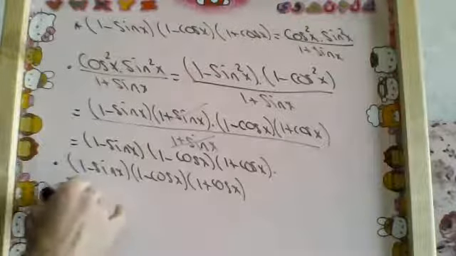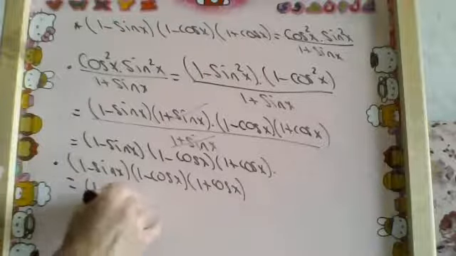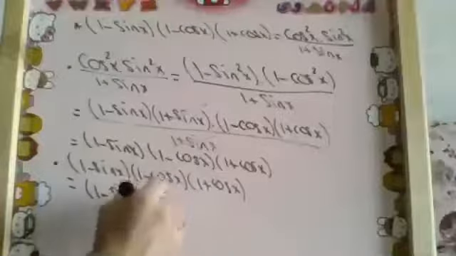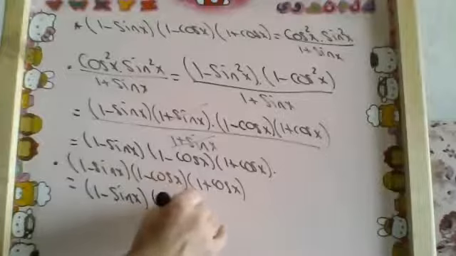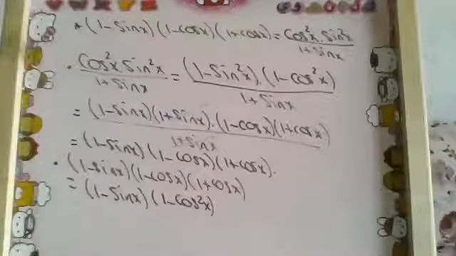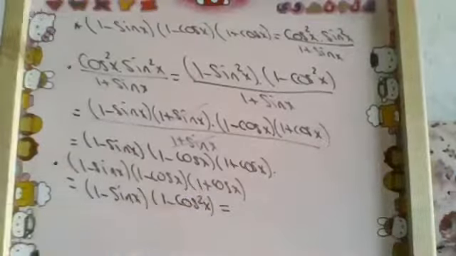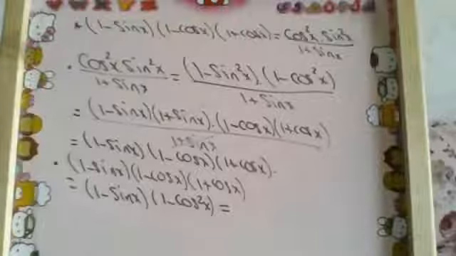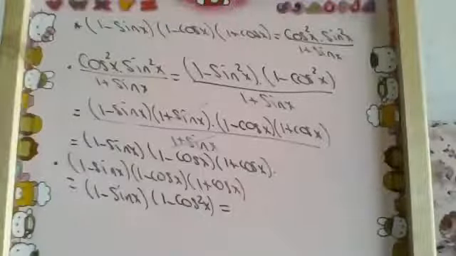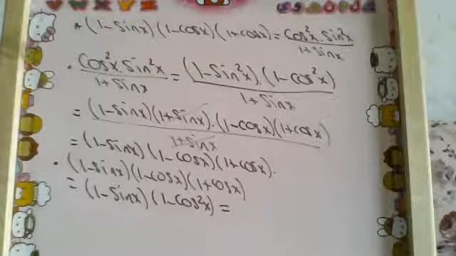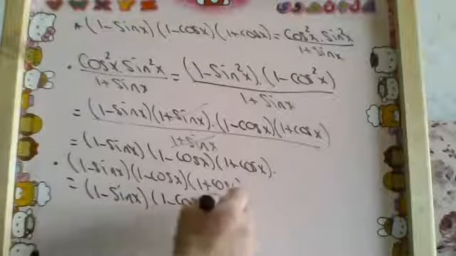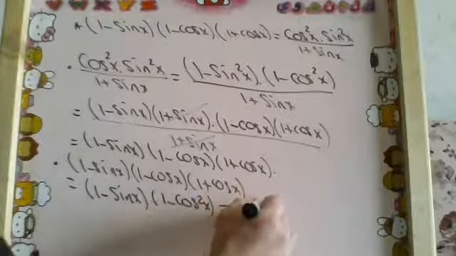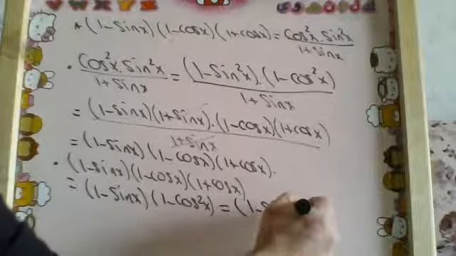So 1 minus sine x into 1 minus cosine squared x, which is equal to sine squared x. So 1 minus sine x times sine squared x.